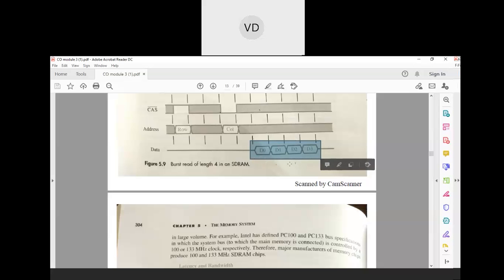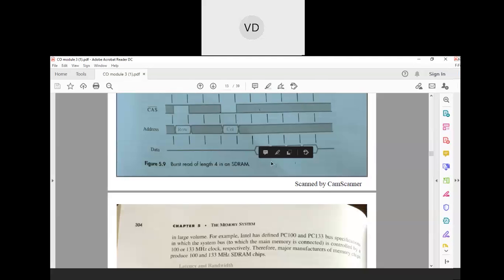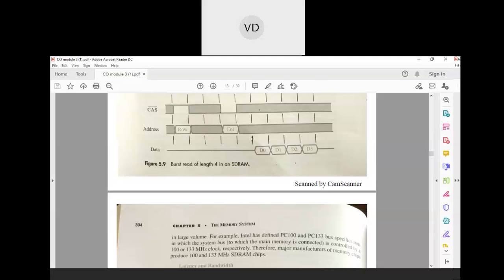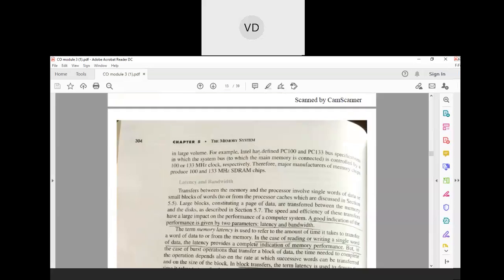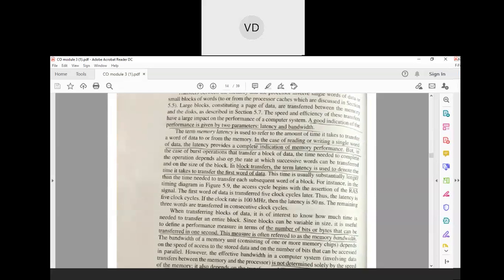After the row address and column address are given, what is the delay for transferring only the first byte of data? Only the first byte, because the second byte automatically goes on transferring without any delay. So the time taken to transfer the first byte of data is the latency in the block transfer.